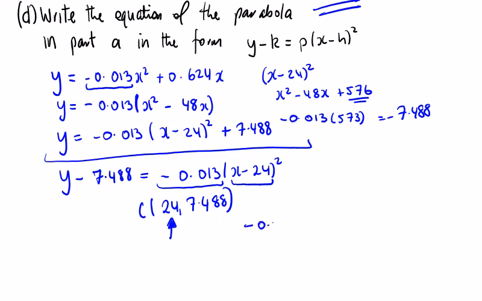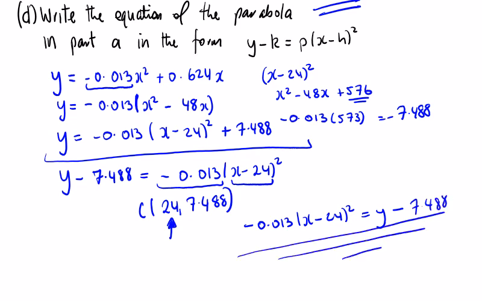So we have minus 0.013 by x minus the x coordinate, 24, to be squared. And that's equal to y minus the y value, which is 7.488. And this actually leads us into the next part of this question, where this knowledge is required.